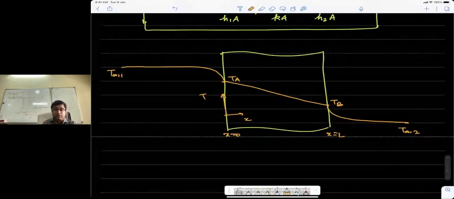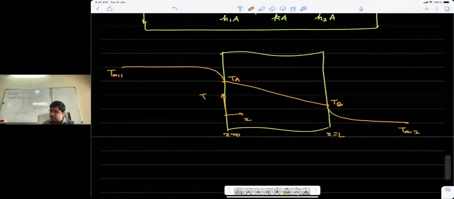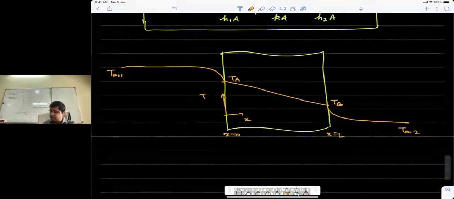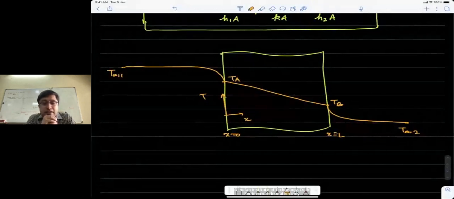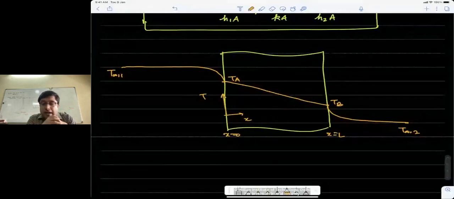But sir, then how can we consider the resistance of a fluid? Because resistance to conduction and resistance to convection are not the same. Please understand this. Convection, as I said, is because of bulk flow, and bulk flow also has its own limitations.